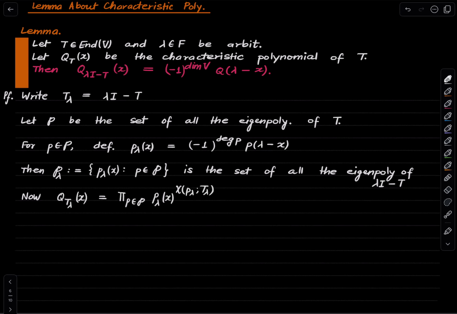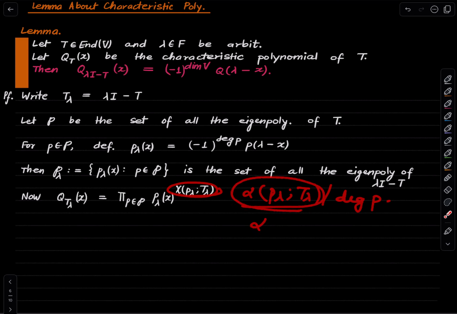But perhaps in the previous slide I should have noted that since the algebraic multiplicity of P is the same as the algebraic multiplicity of P lambda, the characteristic exponents are also the same, because the characteristic exponent is just algebraic multiplicity divided by the degree of P lambda, but the degree of P lambda is the same as the degree of P, and the algebraic multiplicity is the same as that of P. So the characteristic exponents are also the same.